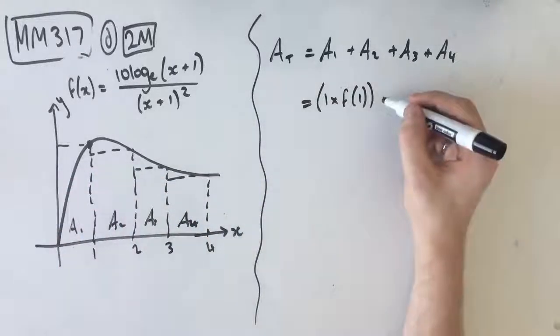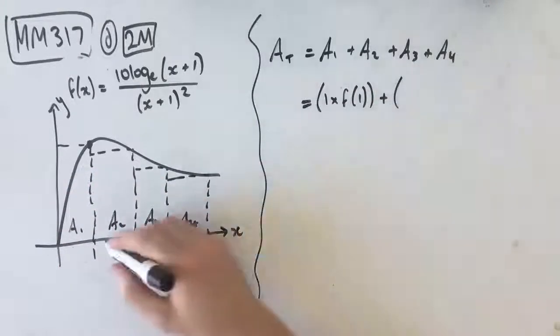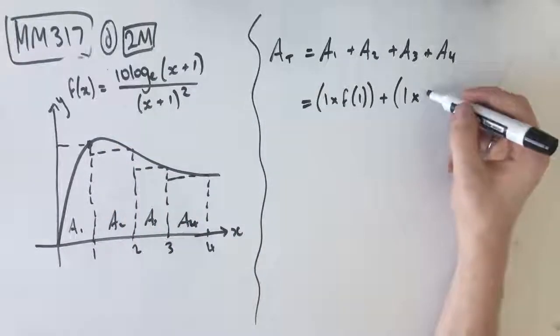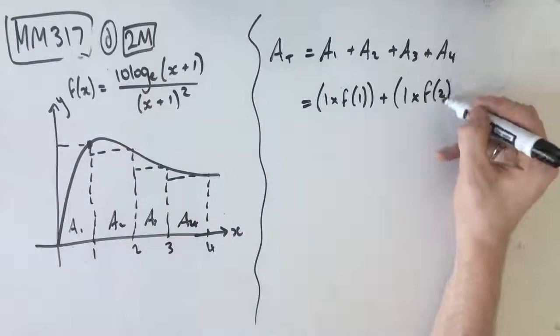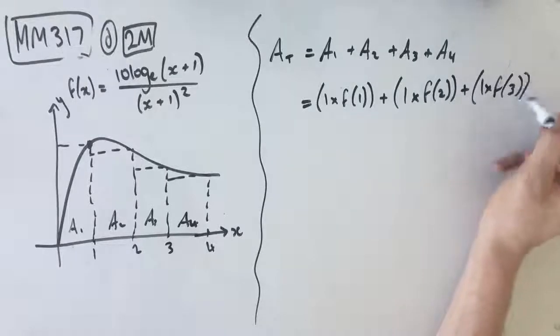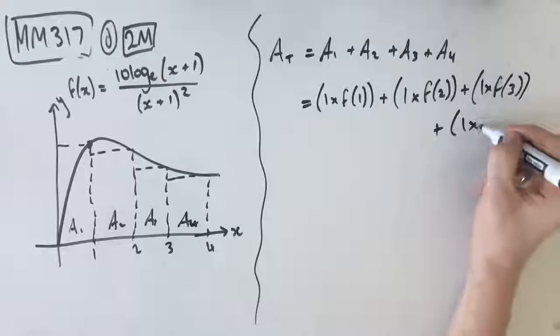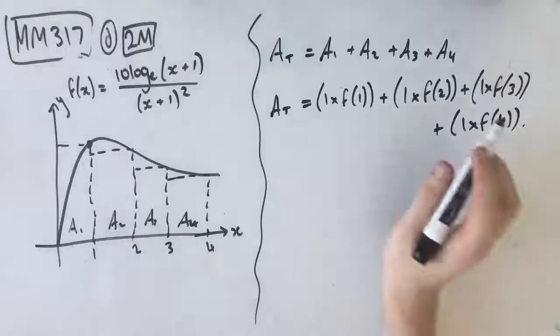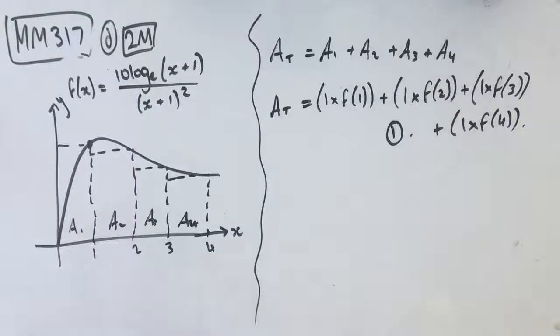Does that make sense? So we've got our f(x) at x equals 1, that's the length of that rectangle. And then we have plus A2, which is again a width of 1, times the y value at that point, which is the length, f(2). And I'm sure you can start seeing a pattern, so we'll have 1 times f(3) here, plus 1 times f(4). Fantastic. That's basically our first mark.